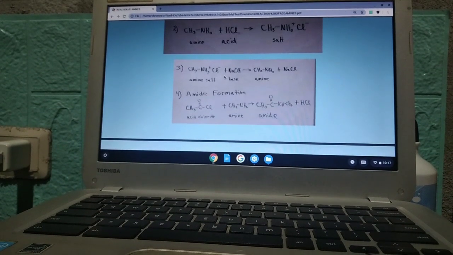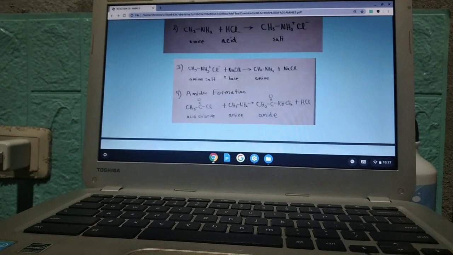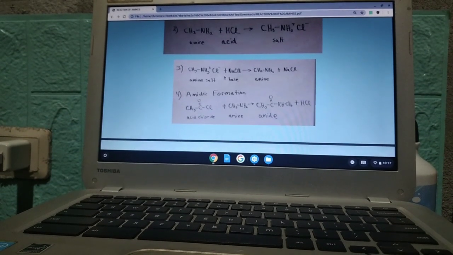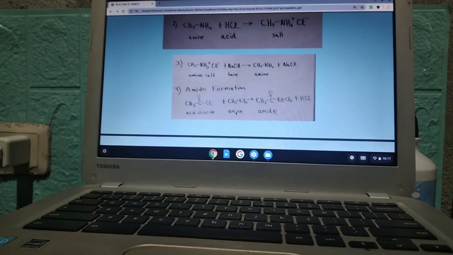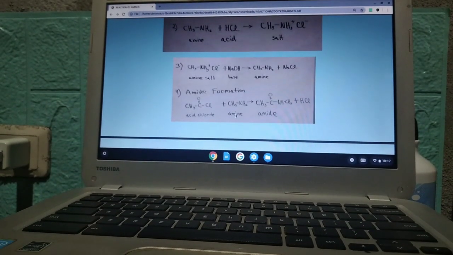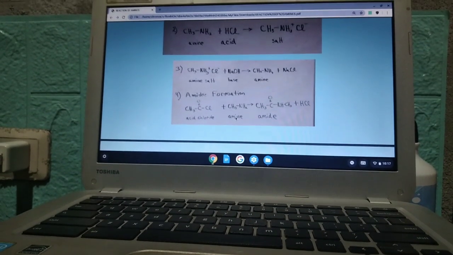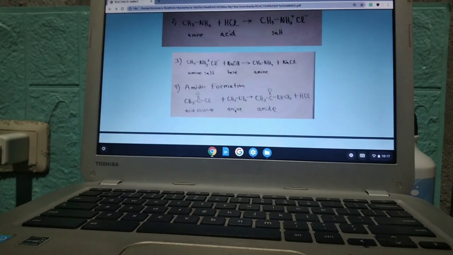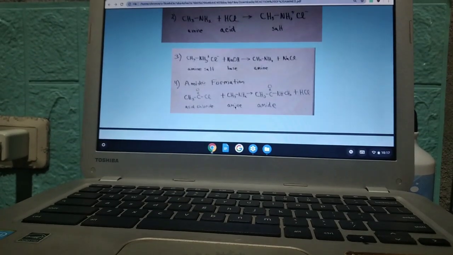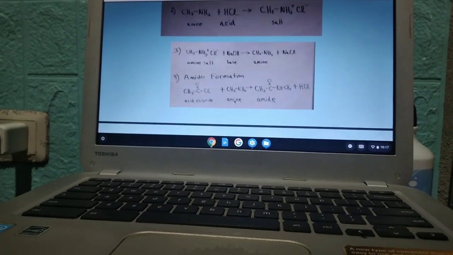So sodium hydroxide and the amine are now competing for the proton. Sodium hydroxide is a lot stronger base. It's going to take the proton back from the amine to form sodium chloride, and we have the amine back.